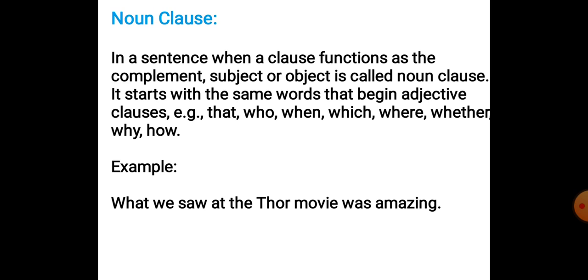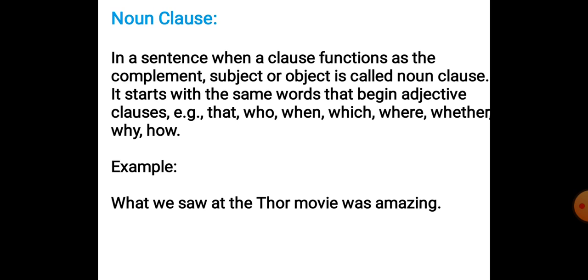It starts with the same words that begin an adjective clause. So the words used in adjective clauses are similar to the noun clause also, but how to identify, that is, it will function as a noun, as an object, as a subject, or as the object of the preposition.